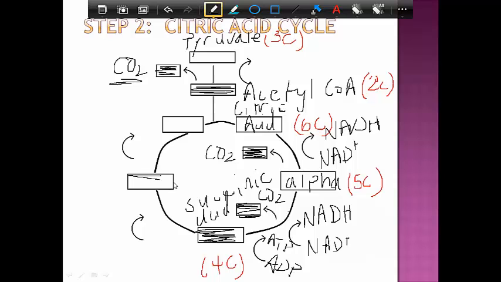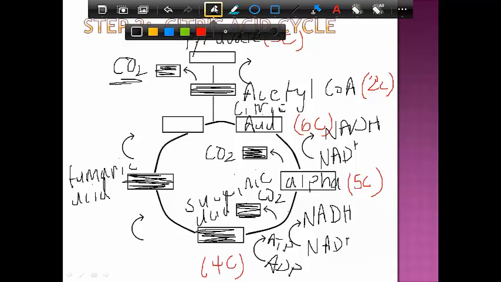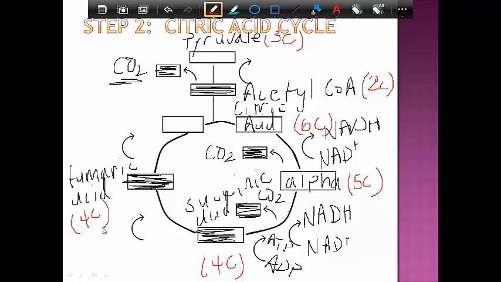The next molecule we make, right here, is called fumaric acid, F-U-M-A-R-I-C, acid. And this is actually a 4-carbon molecule, so we haven't removed any carbons to make this. So it's a little bit different than the previous steps. But we do make a new molecule that is a hydrogen carrier that we haven't talked about yet. And it's called FADH2.